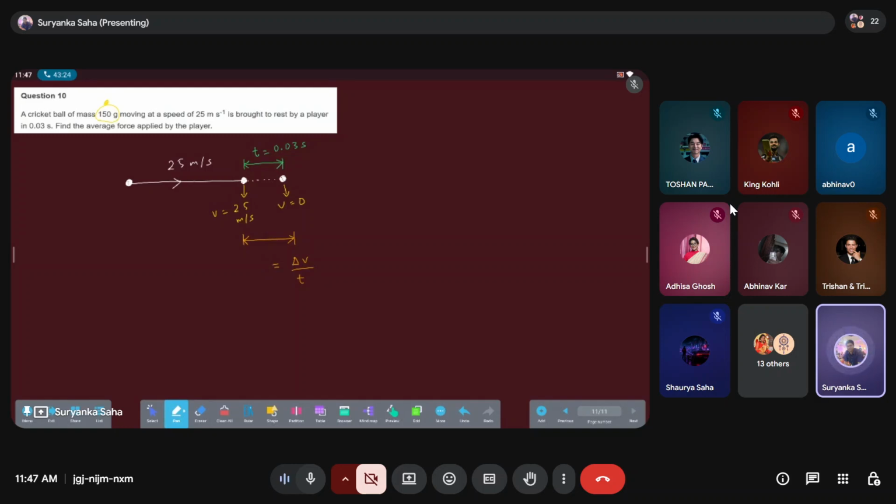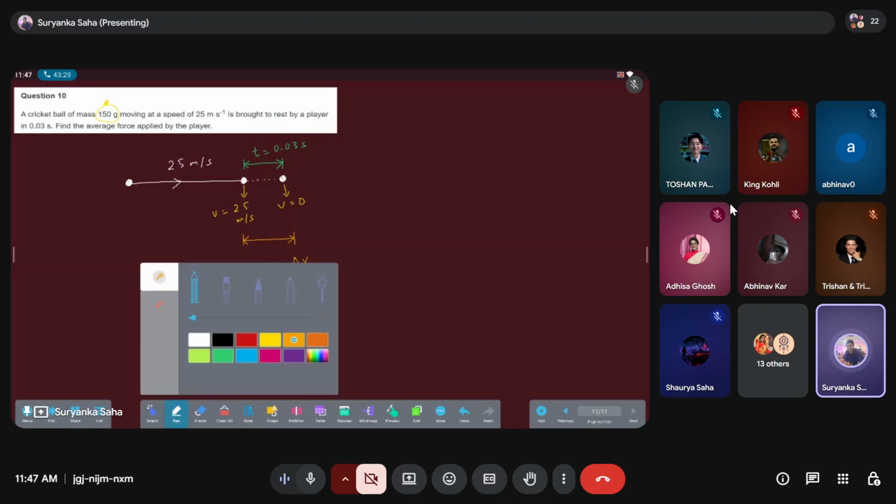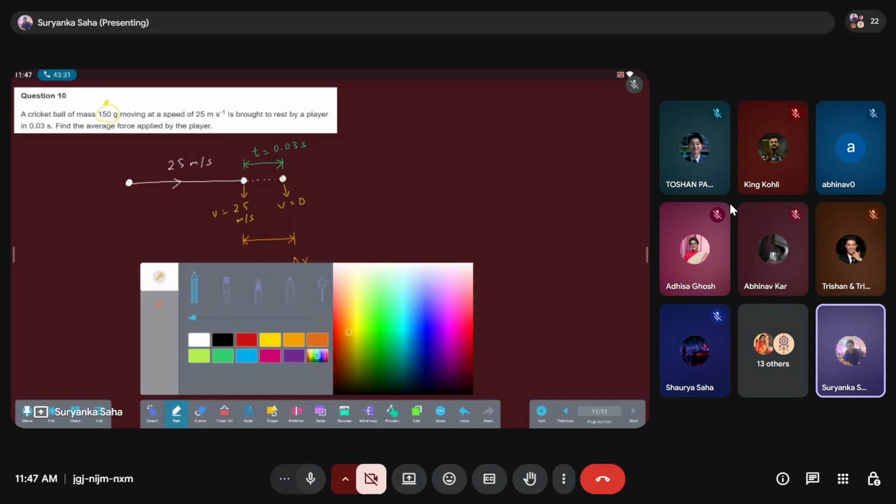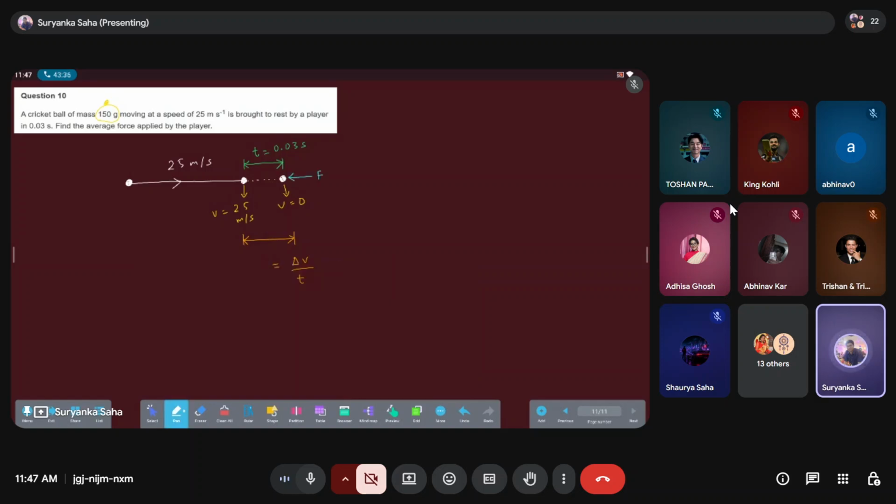But when you look at it from the point of view of the force applied by the player, the player is applying force in this direction. This is the force applied by the player.